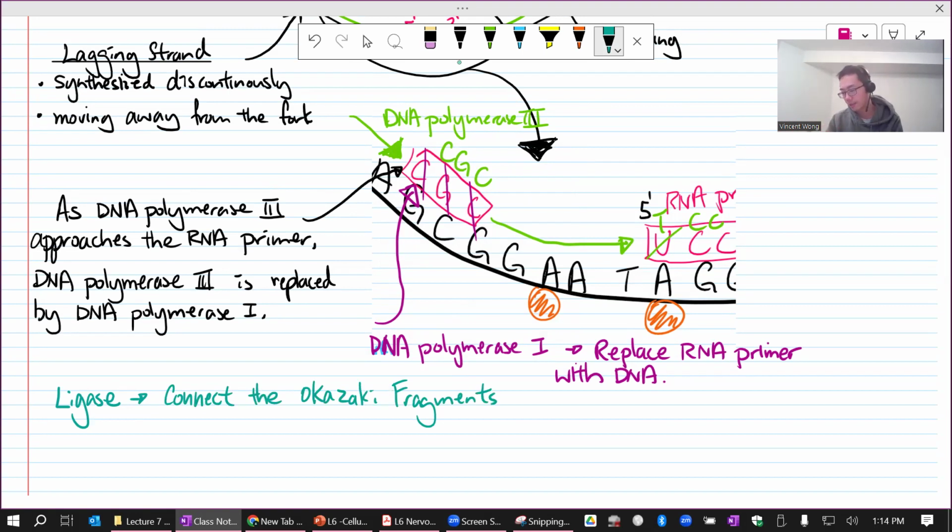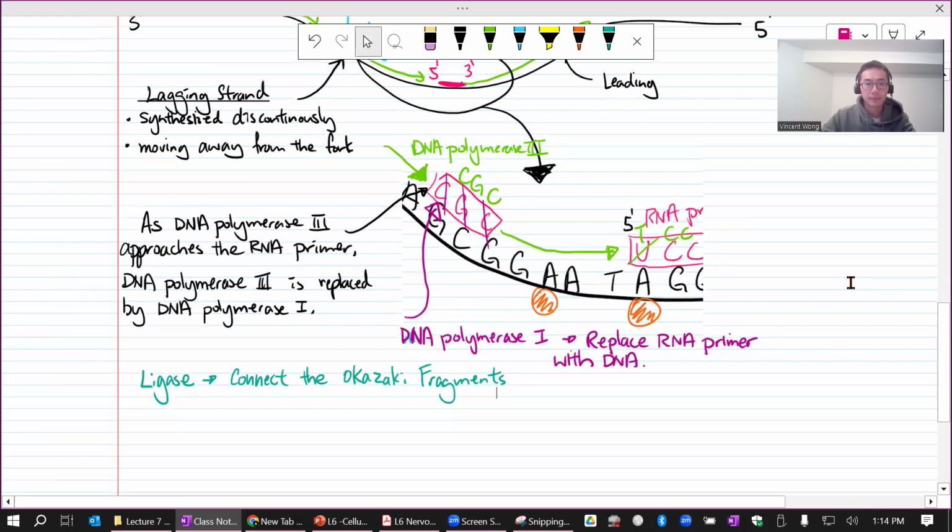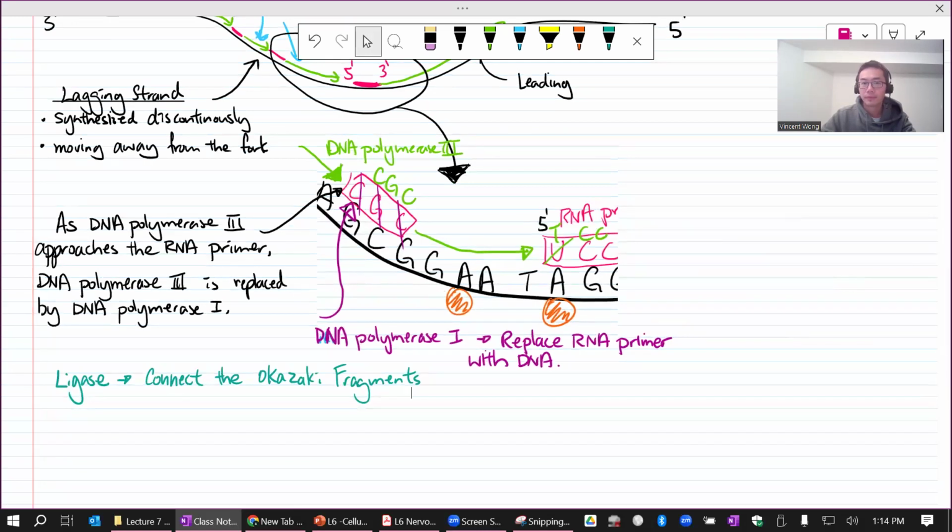And then the process is done. It's completed. That took 45 minutes. So you end up having 2 strands that are identical to the original. It is semi-conservative. You will have the original, which is shown here in black, and then you have the new one that's being built, shown in green. That's it.